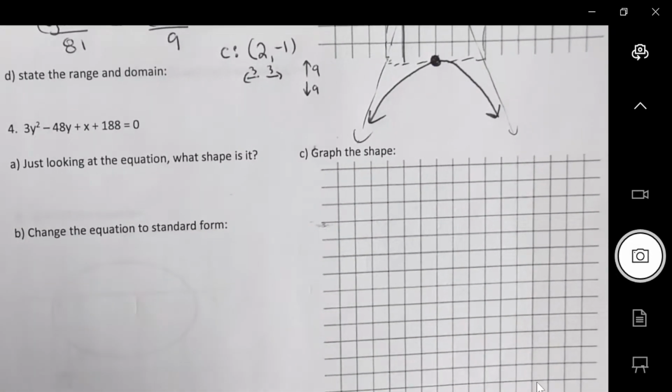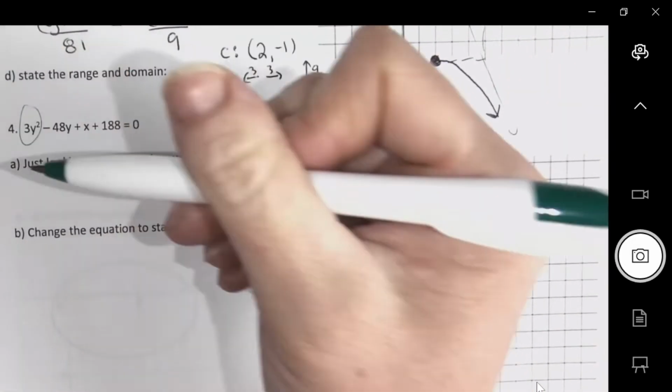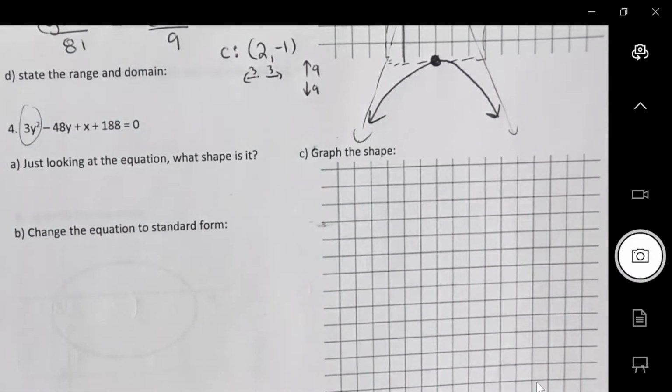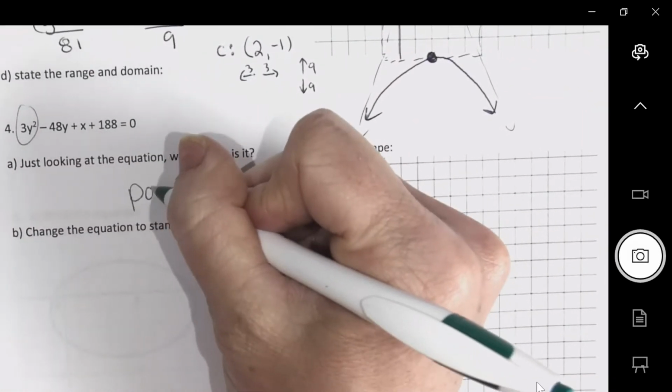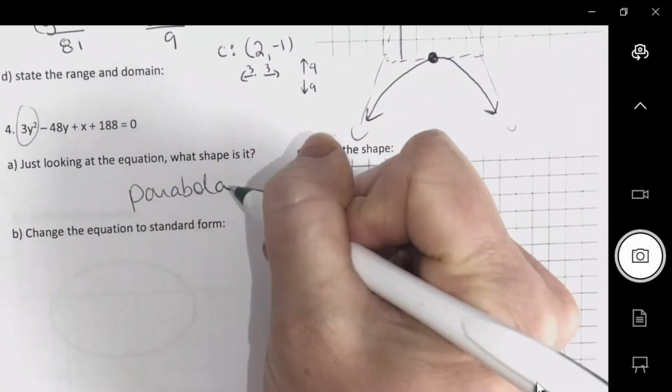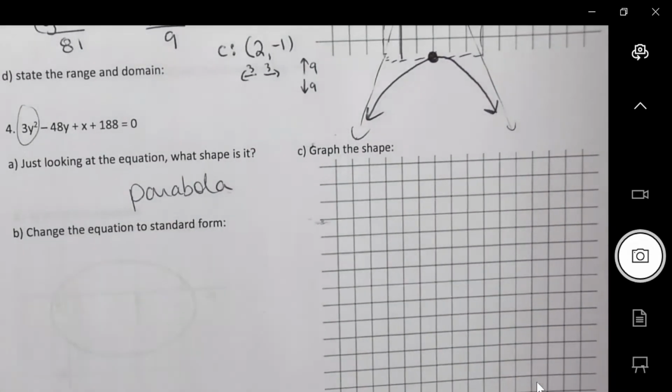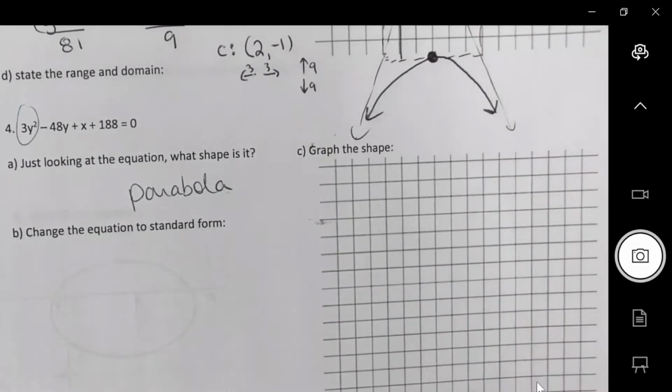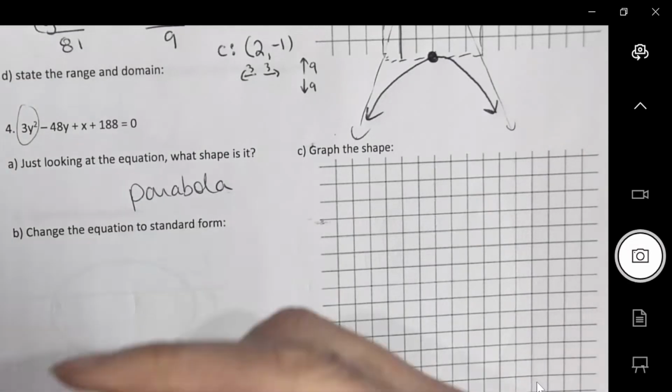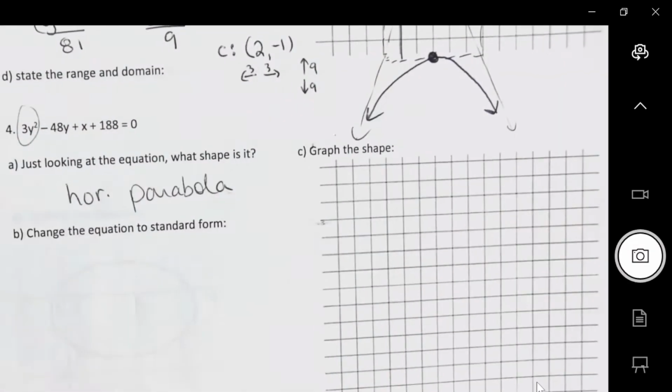Okay, number 4, I'm going to look at, oh, there's a y squared, but that's it. So now what is this if there's just one thing squared? It's a parabola, but which kind? Which one? Horizontal.